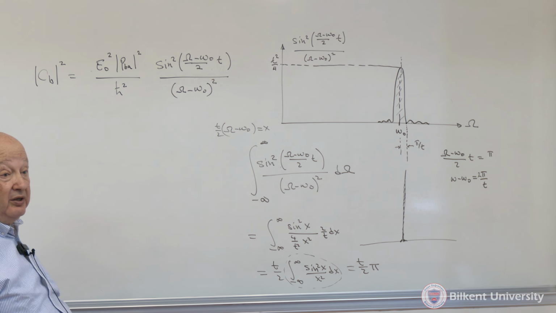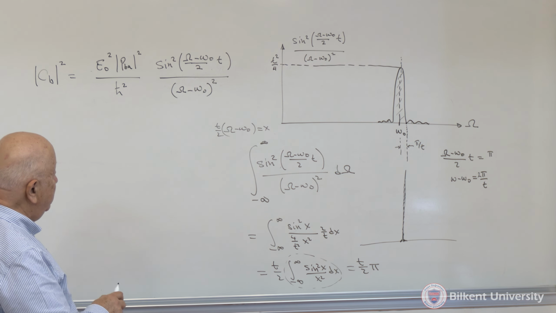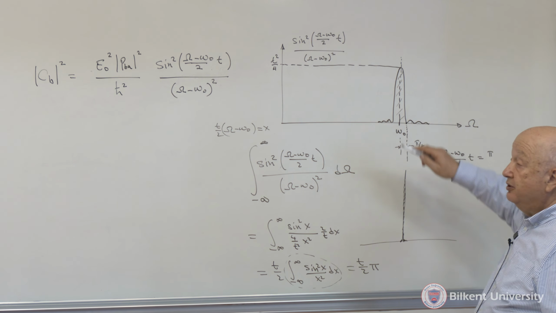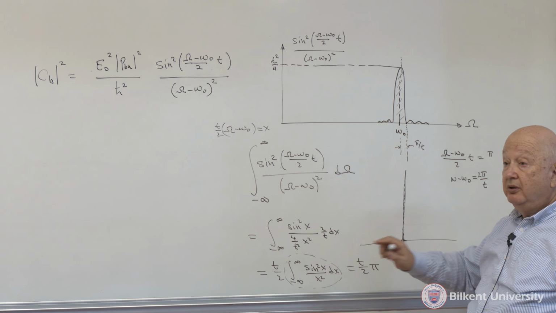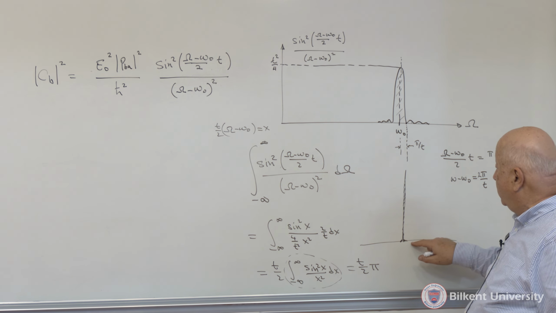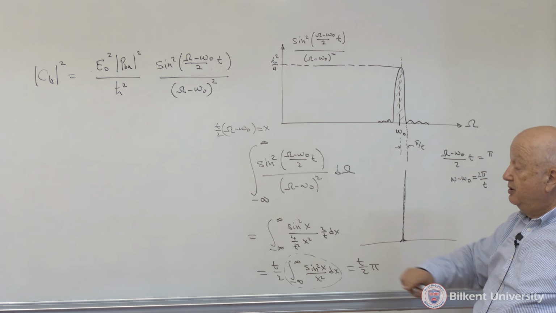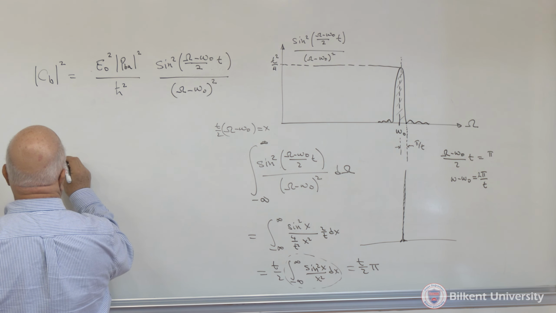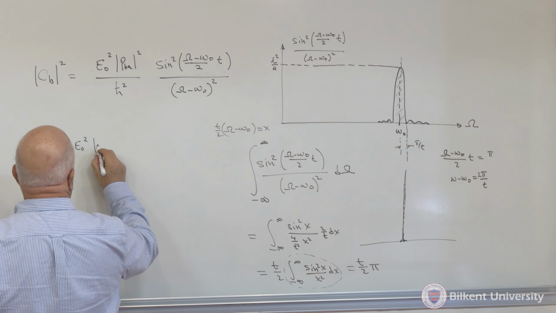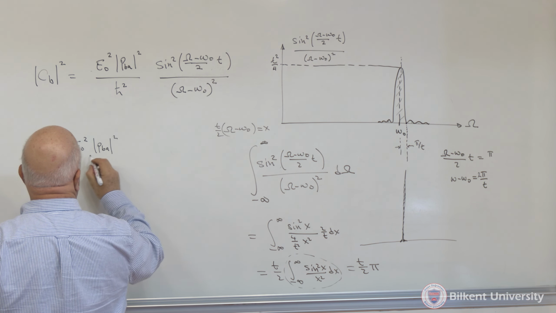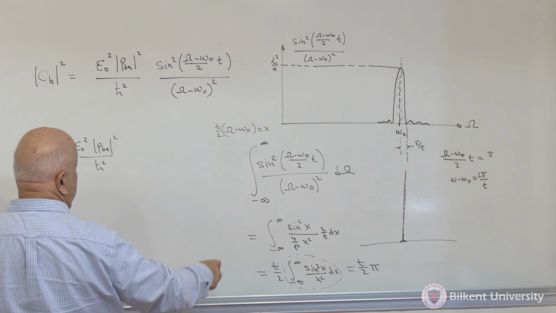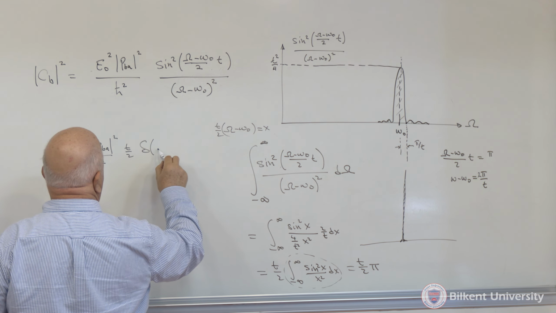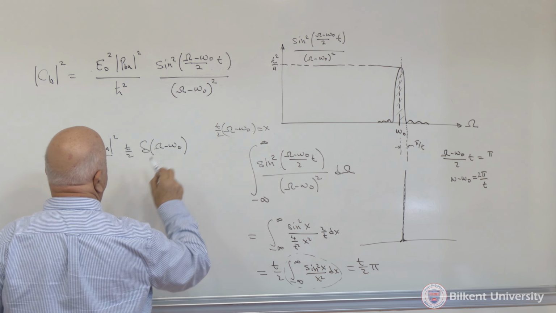So for very large t, this function goes to a delta function times t over 2, because it becomes 0 at all other places. The area under it is equal to that. So this goes to E0 squared, magnitude of P_BA squared over h bar squared, and t over 2, and the delta function of omega minus omega 0.